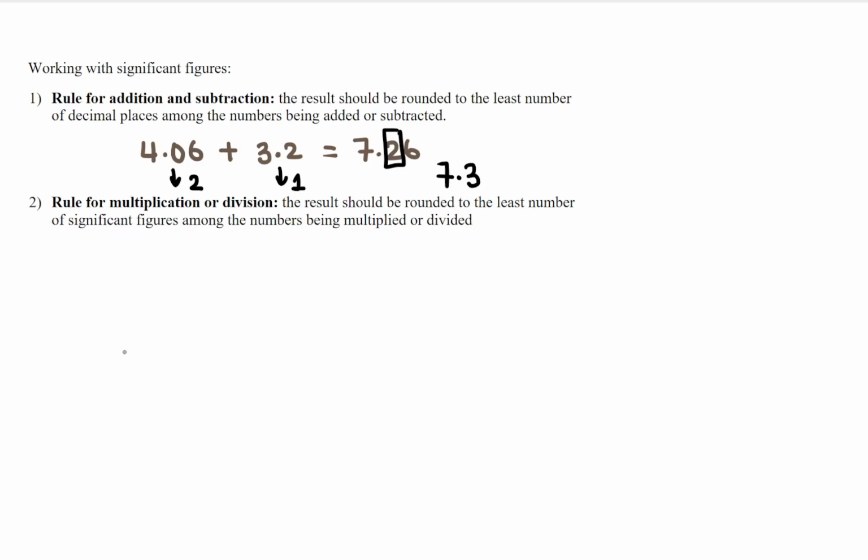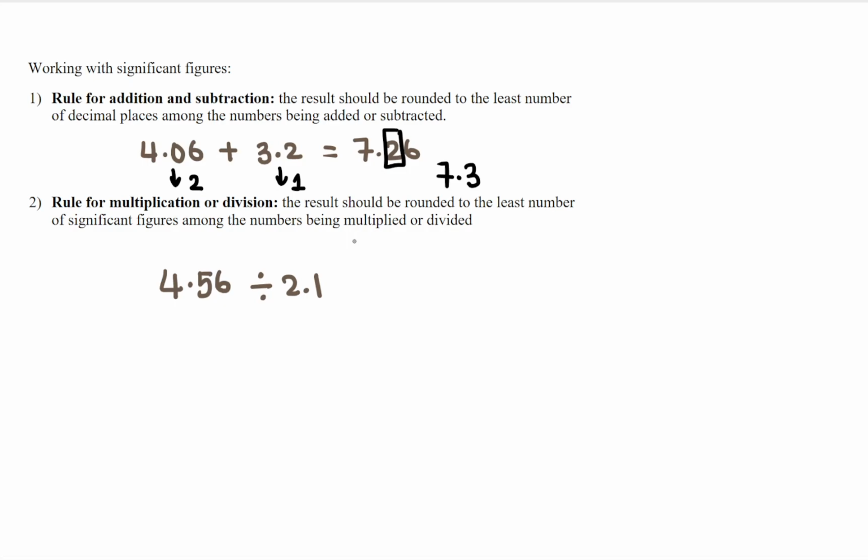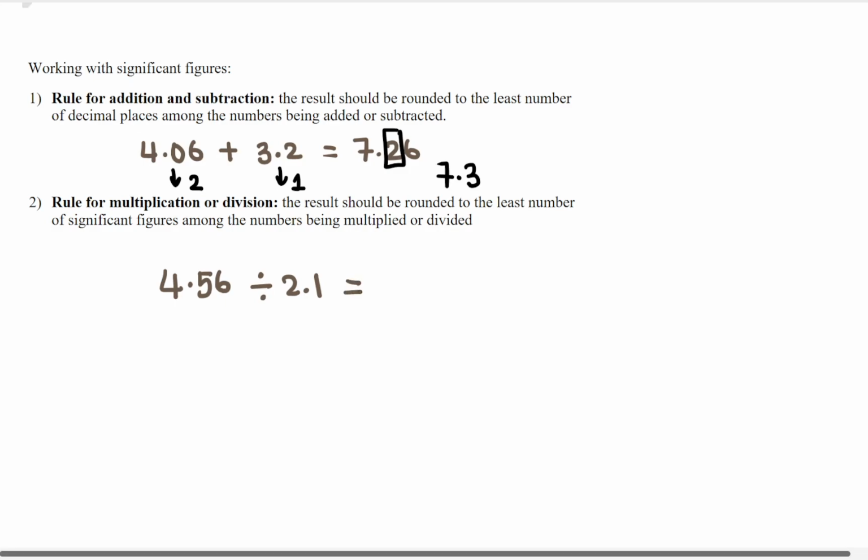So let's do an example for rule number 2. Let's divide 4.56 by 2.1. This would give us 2.1714.